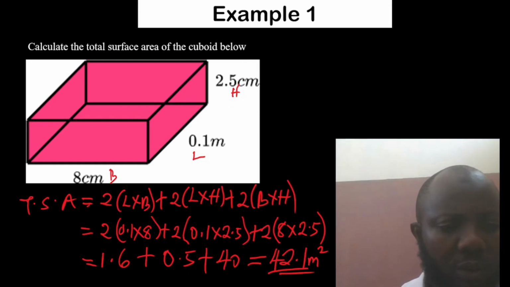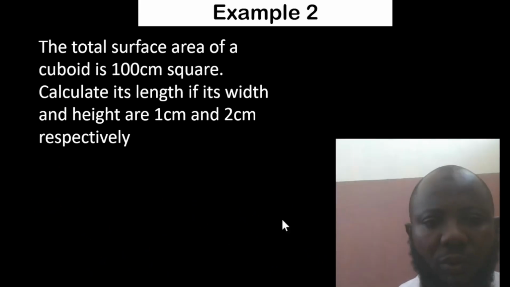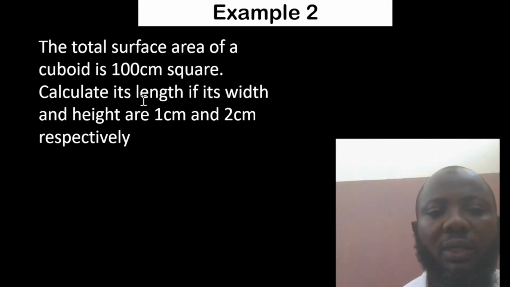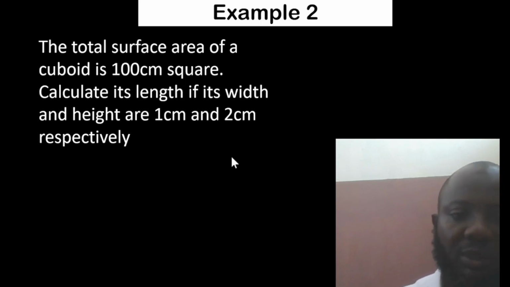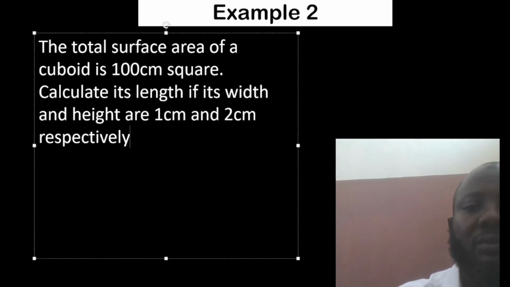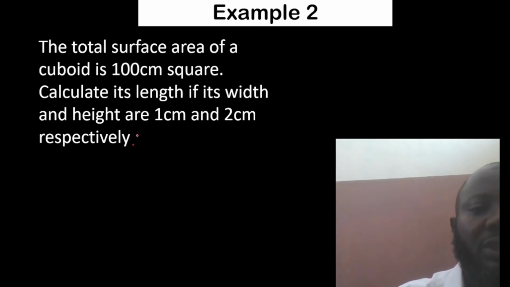Let's look at another example under cuboid. The total surface area of a cuboid is 100 centimeters squared. Calculate its length if its width and height are 1 centimeter and 2 centimeters respectively. Now to solve this is very straightforward.